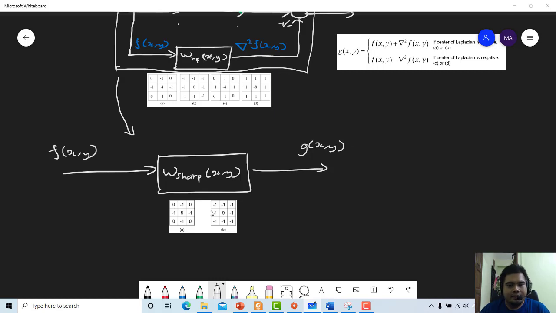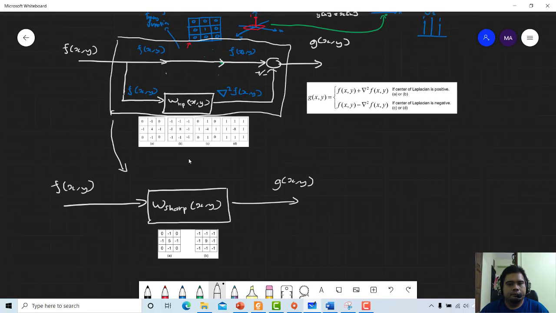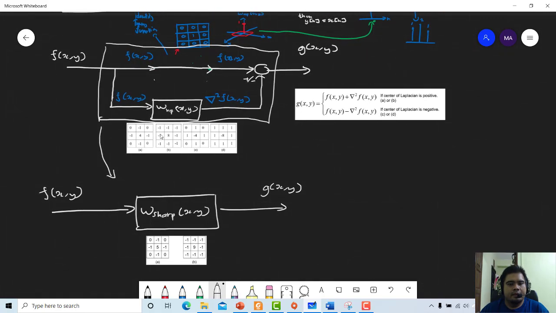So the derivation of this template, or this kernel, comes from this one. This A here comes from the combination of this one and, I'm sorry, the all pass filter here.